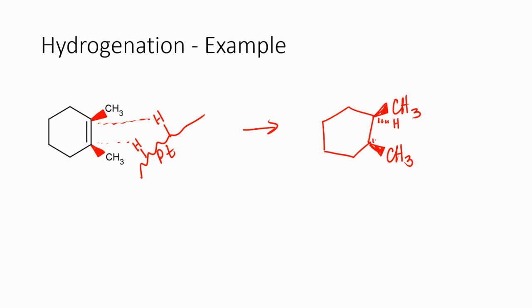My two hydrogens added on the same side because they were stuck on that surface of that metal catalyst. And so we'll end up with cis 1,2 dimethyl cyclohexane.